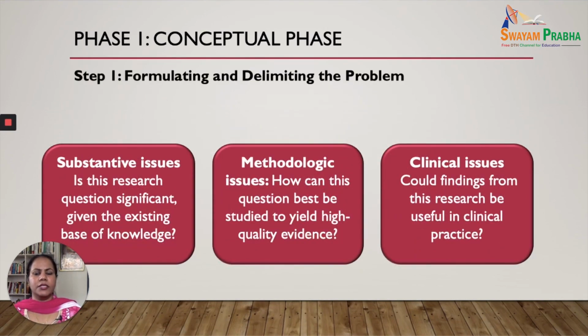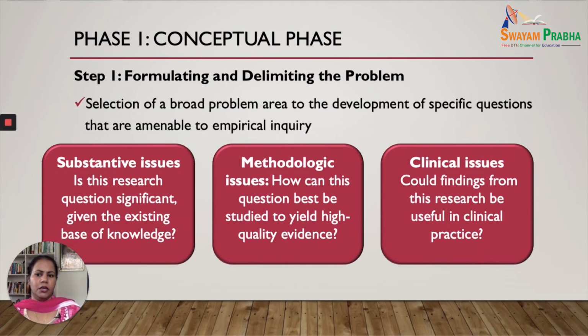So the first step is formulating and delimiting the problem. Here the researchers first select a broad problem area. You may have some understanding that this is a problem which is available, or you might be interested in some important area, but at that time you don't know exactly what you are going to do. For example, you might be interested in the elderly's health problems.